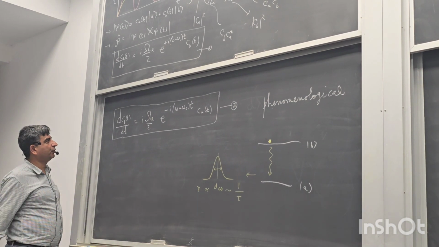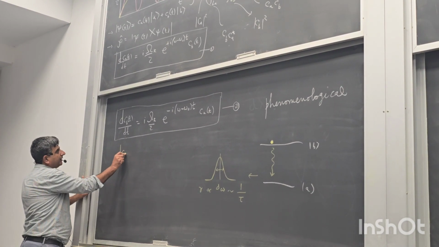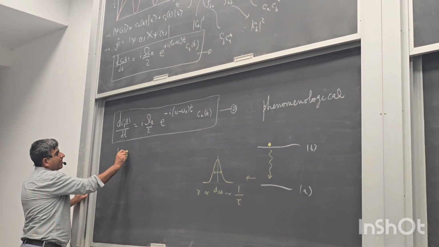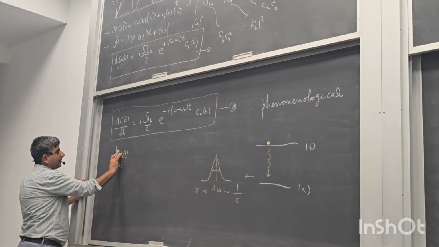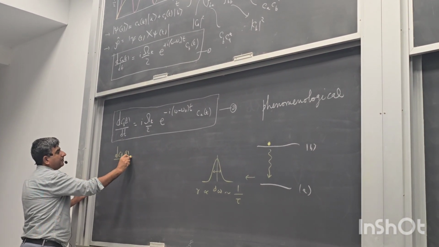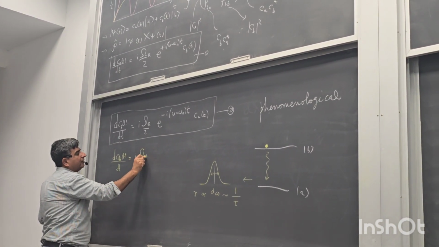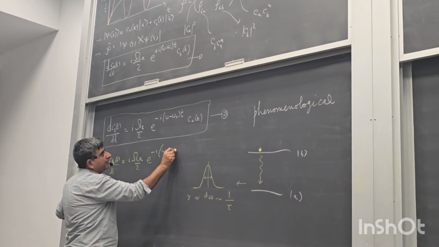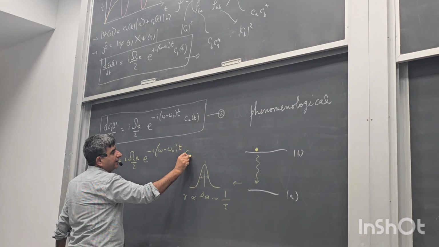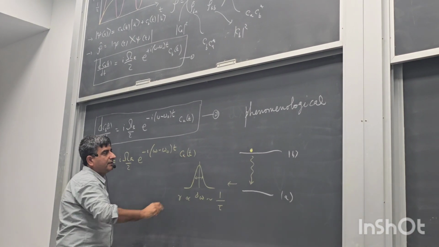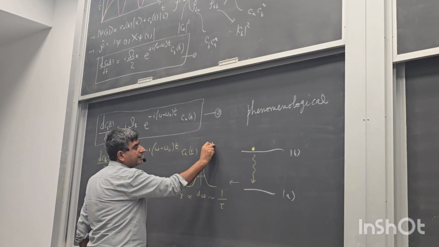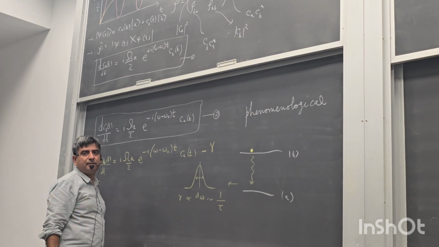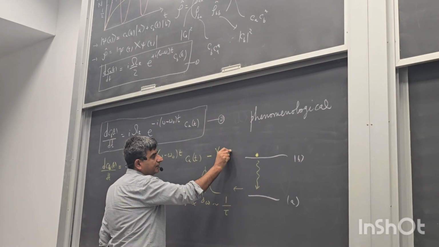And what would that term look like? That term would look like the following: dCB over dt is equal to i omega r over 2 e to the minus i (omega minus omega naught) t C_A(t), minus gamma C_B(t).